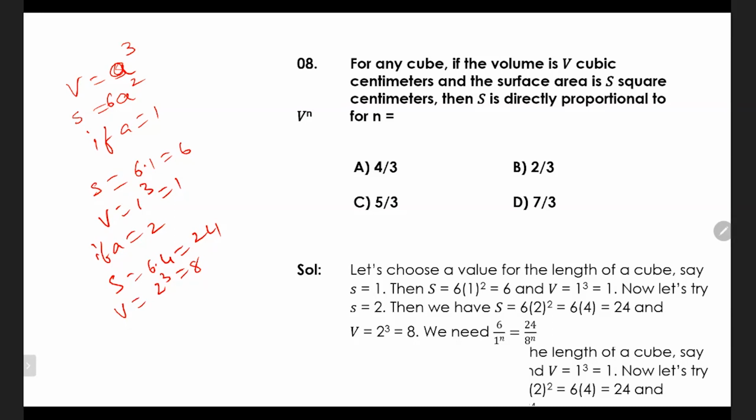Now, if I take the ratios of these surface areas, 6 over 24 equals V to the power n, so 24 by 6 is 4.